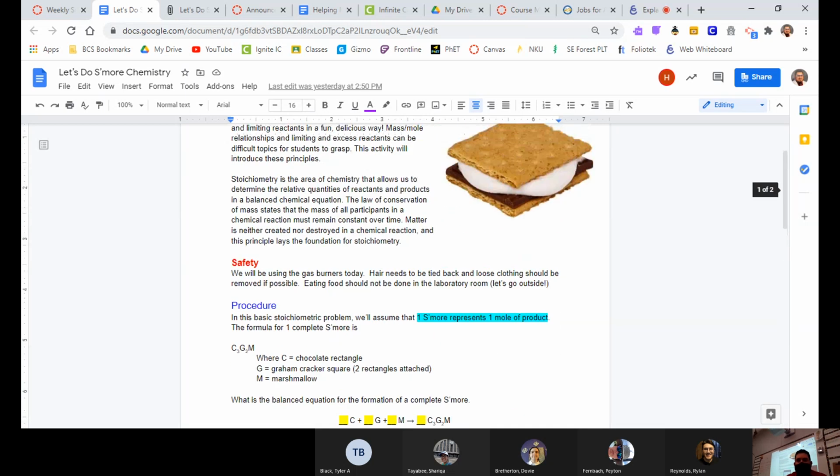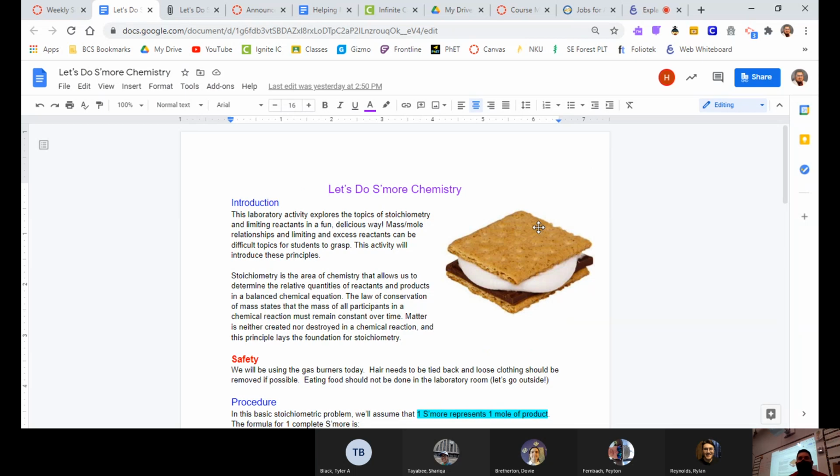So we're going to bounce back and forth between this lab handout and me writing stuff on the board. I'm going to do it digitally so that kids at home can see it. But again, this math of chemistry is not very difficult. It's just multiplication, addition, subtraction. It's really nothing too crazy.